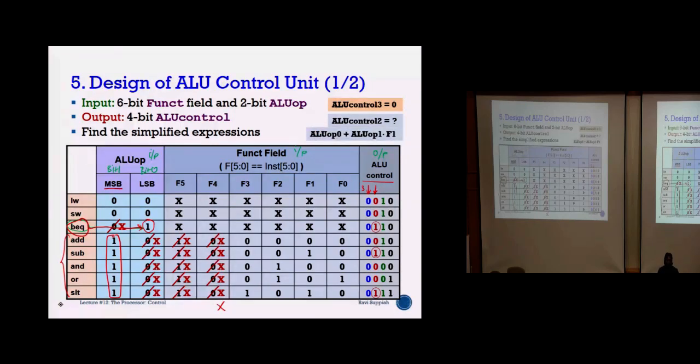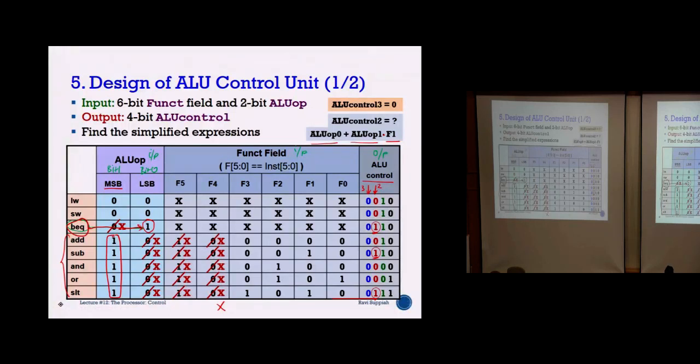And what do we gain by this? We say that this ALU control bit 2 is 1 based on ALU op bit 0 OR ALU op bit 1 doing an AND operation with function field bit 1.